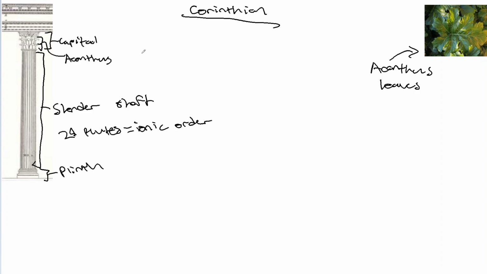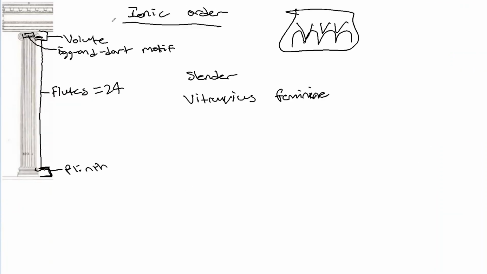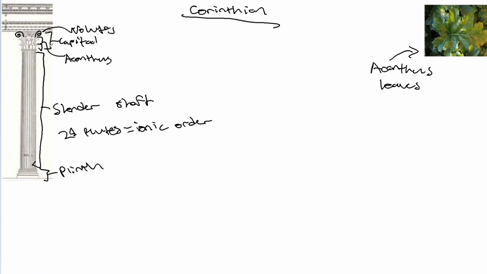It's hard to see once again because of the quality, but there are also smaller volutes up here, the smaller spirals, which is different than the Ionic order, where they were much bigger. Here they are much smaller, which just goes to show how ornate the Corinthian order is.